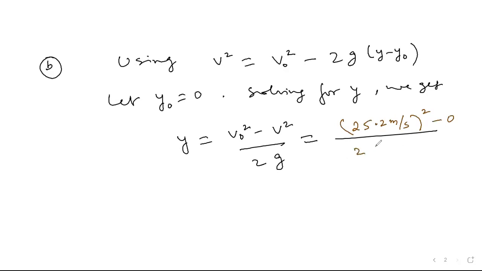Then we have twice 9.8 meter per second square. So what is the answer? 25.2 meter per second whole square minus 0 divided by 2 times g, which is 9.8 meter per second square. When you solve it, it turns out to be 32.4 meters.